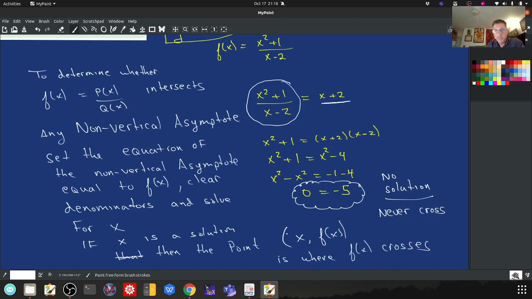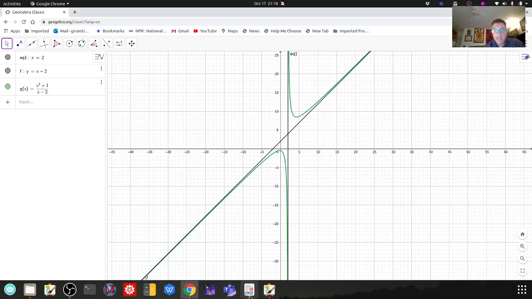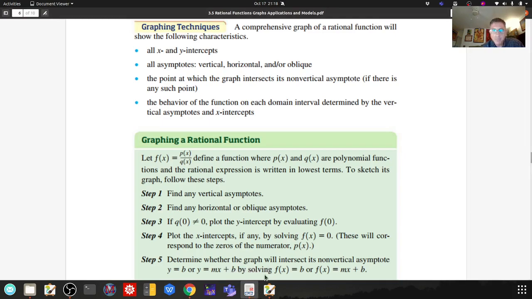Remember, f of x is our rational function. Once you solve the equation for x, if x is a solution, then the point x comma f of x is a solution. Over here we didn't have a solution. I don't want to make up an example, because if you try to make one up in this particular class, it can just be a nightmare. So let's go on down.